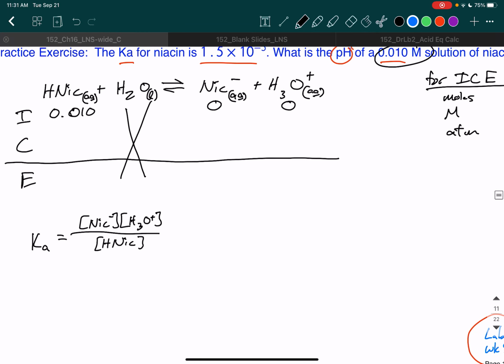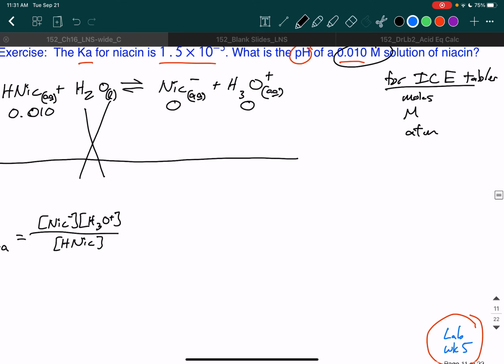Now, something I mentioned last week when working with an ICE table: there's two things you have to do. There's a plus and minus side. One side's going to add stuff, the other side's going to lose stuff, and then you have to factor in molar coefficients.